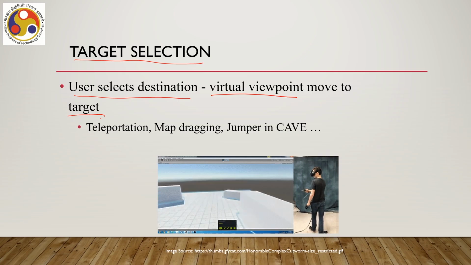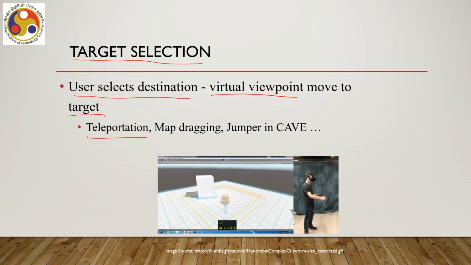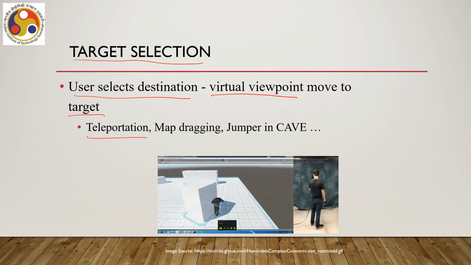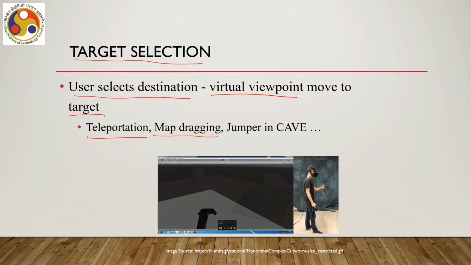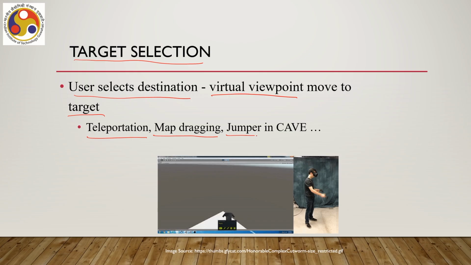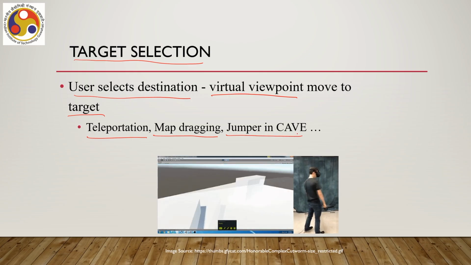One very common such technique is teleportation, that is instantly moving from current location to the target location. Similarly, on map dragging also, if we fix the location, then we can instantly move there. Another technique is the jumper technique in the cave type systems.